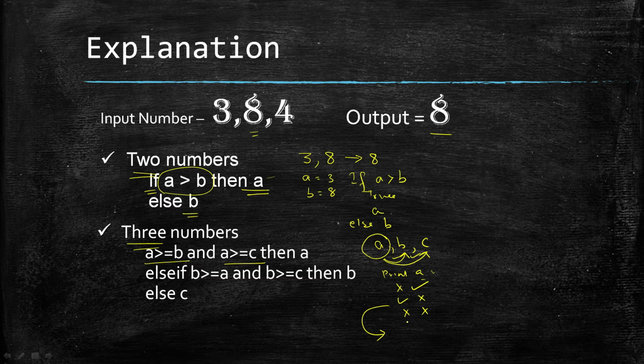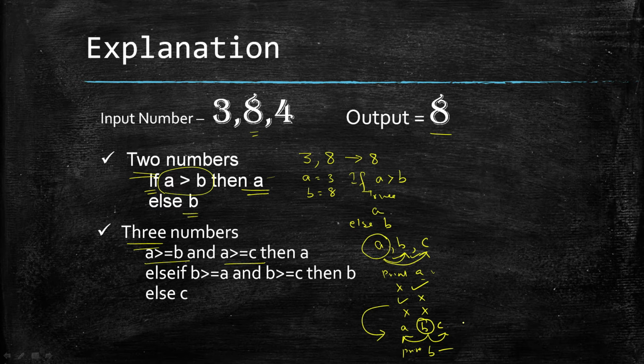That is, again A, B, C. Now it will hold B and check if B is greater than A and B is greater than C. If this is true, then print B is the largest.